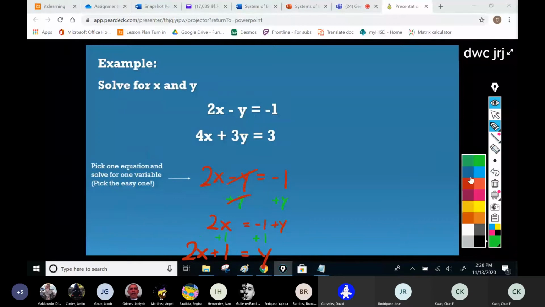So that means I'm going to have something like this: 4x plus 3 times, and we're going to replace the y with 2x plus 1, equals 3.